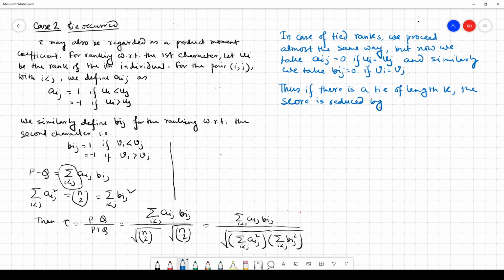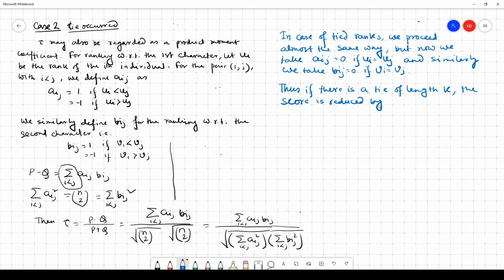Please tell me quickly. See, if there is a tie of length k, how many pairs do you get 0?